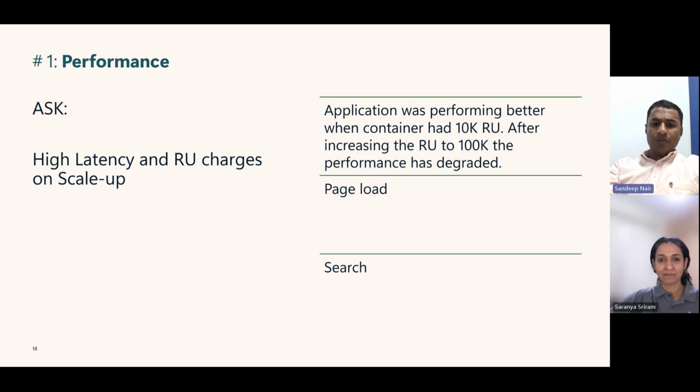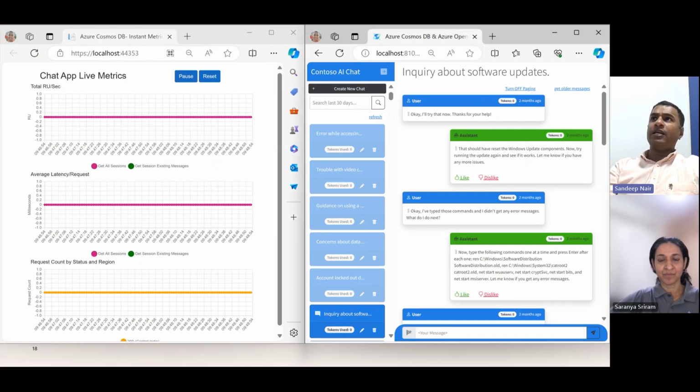Yeah, sure. Let me bring up the app and try to replicate it here. So here is the app, and at this point, we are running the app with a 10K RU container, the way the customer was developing it initially. Whenever I do some action here, you'll see the numbers showing up on the dashboard on the left. Let's try with the first activity, which is to click on a chat session and see how much time it takes to load.